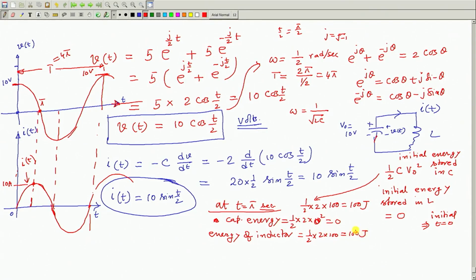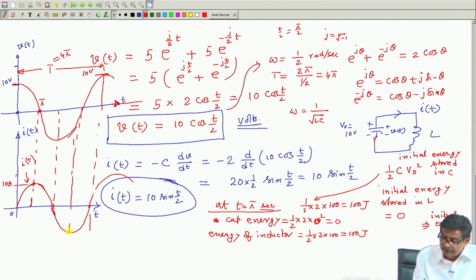That means the capacitor started losing energy and the inductor was gaining energy. When the capacitor energy was 0, the inductor had maximum current. That is why the 0 crossing of the capacitor voltage always tells you that the current in the circuit is maximum, here plus 10, minus 10.